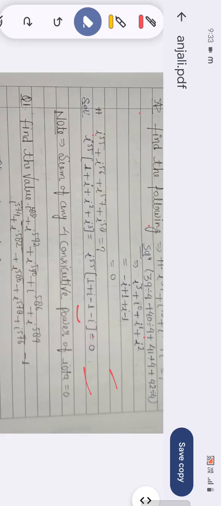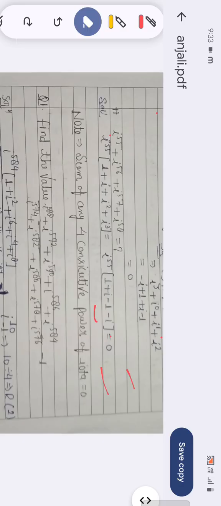And another example you can see: iota to the power 55 plus iota to the power 56 plus iota to the power 57 and iota to the power 58. In this question, we can take iota to the power 55 common. Then this will be 1 plus iota square plus iota to the power 4. And what is the value of iota square?